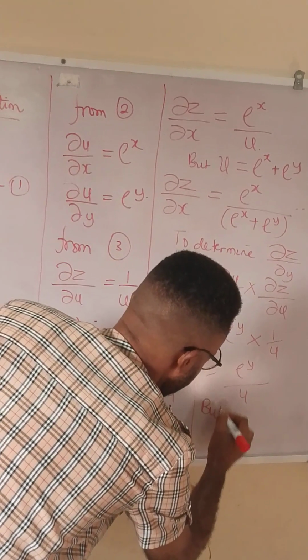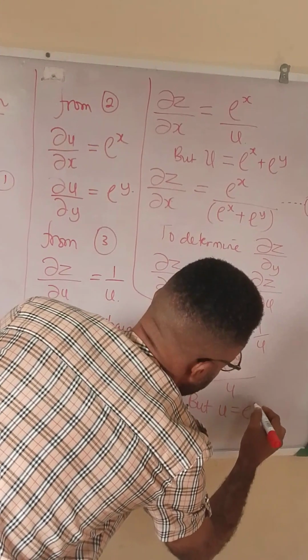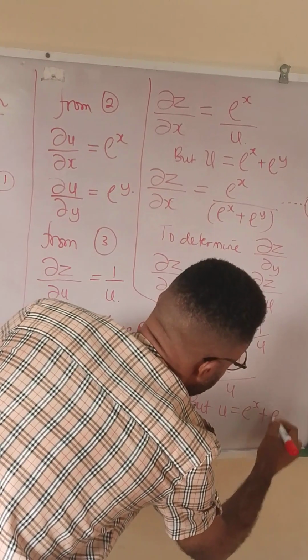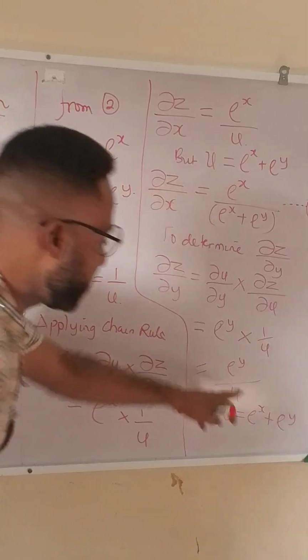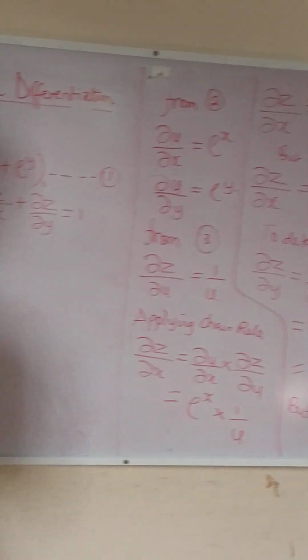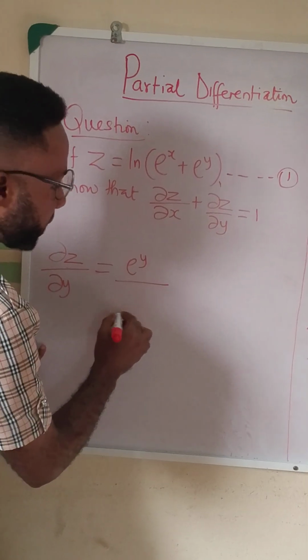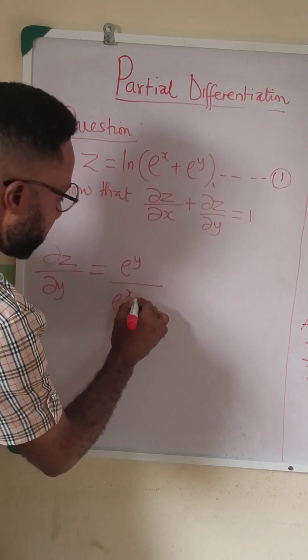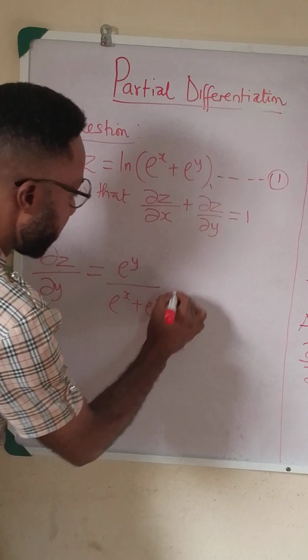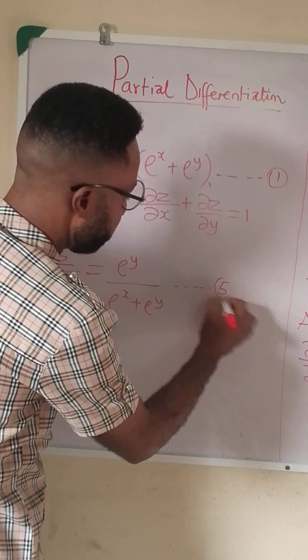But u is equal to e^x plus e^y. So if we bring the value here, the partial derivative of z with respect to y will be e^y all over e^x plus e^y. We can call this our equation 5.